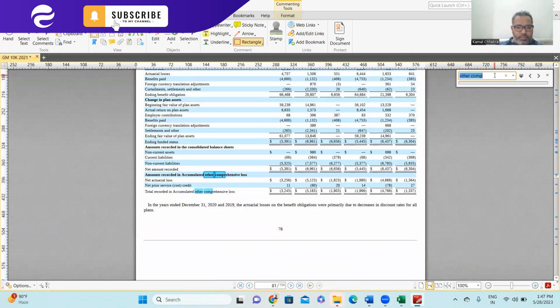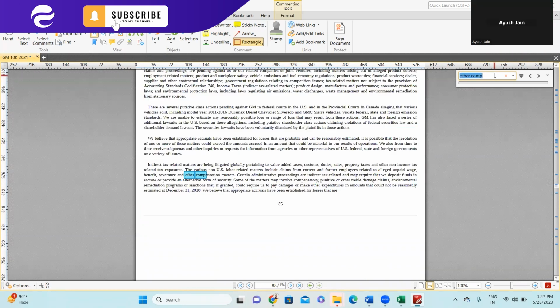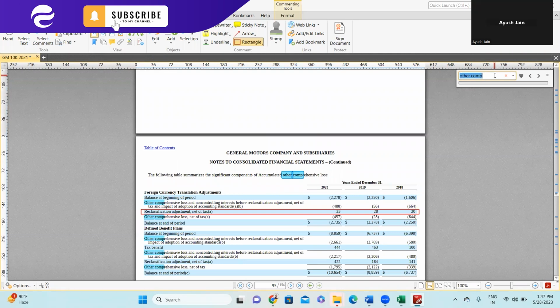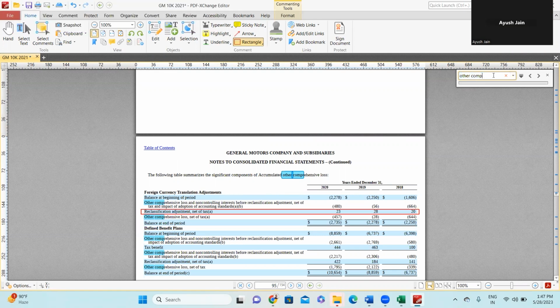So defined benefit plans, tax benefit, adjustment of tax.